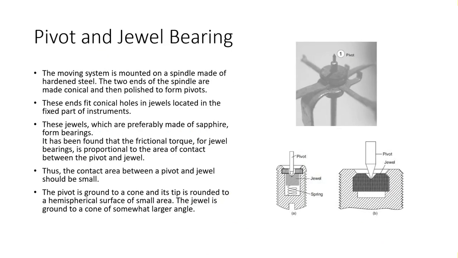The third one is the pivot and jewel suspension. This suspension can be used at many angles, because of its mechanism of locking with the jewel. This thing is known as the jewel and this thing is known as the pivot. So this pivot moves in this jewel, and this is a very small portion, so very little friction is involved, and sometimes a spring is used for making this movement a bit lighter, because if we just press this thing, it will cause more friction in here, and if we use a spring in it, this will cause a bit lesser friction.